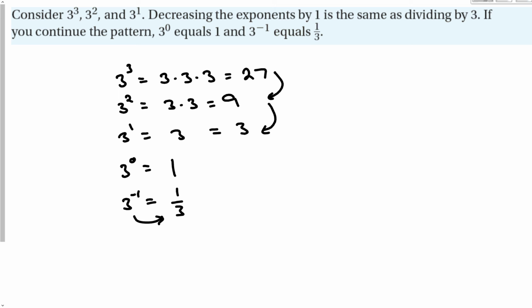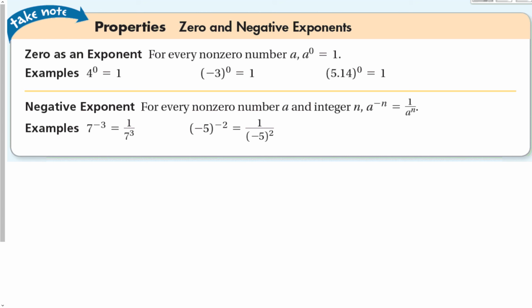So let's extend that to a rule, and we have our properties of 0 and negative exponents. For 0 as an exponent, every non-zero number a, if we raise it to the 0 power, we get 1, no matter what number it is. It could be 4.